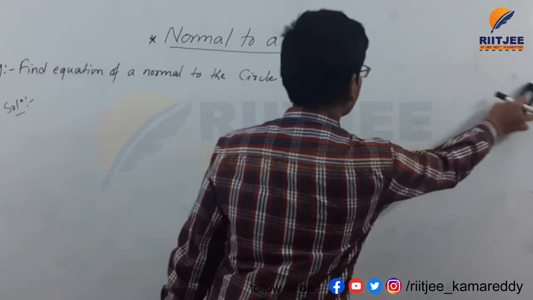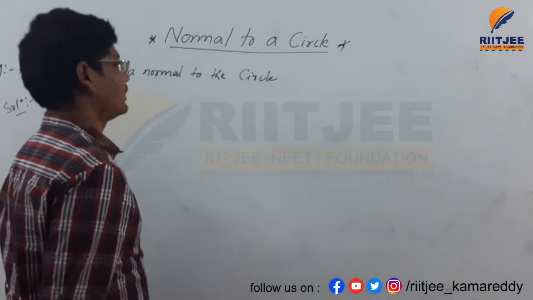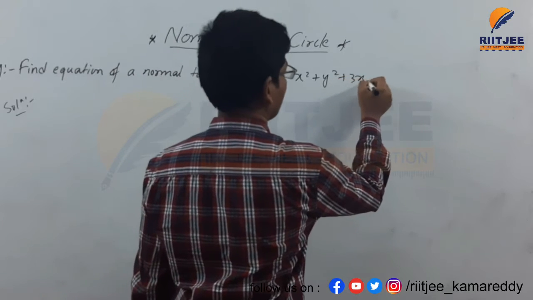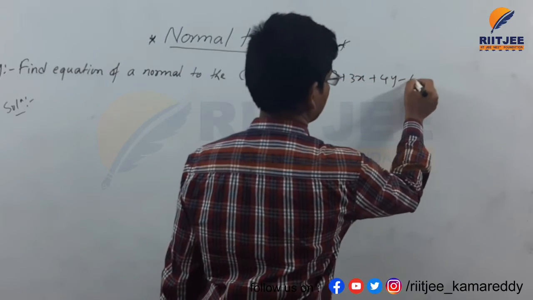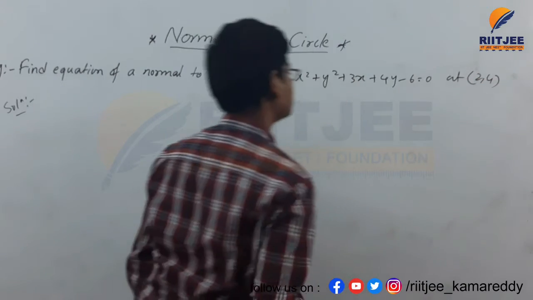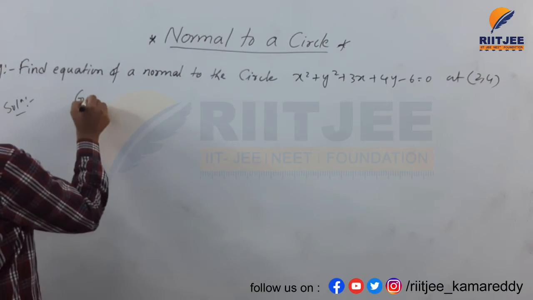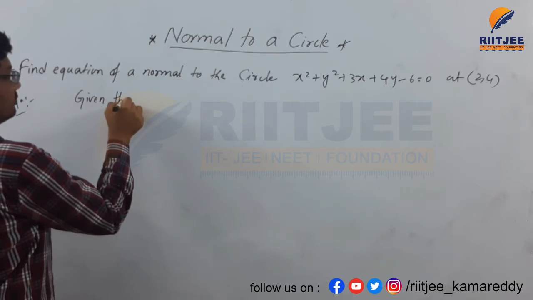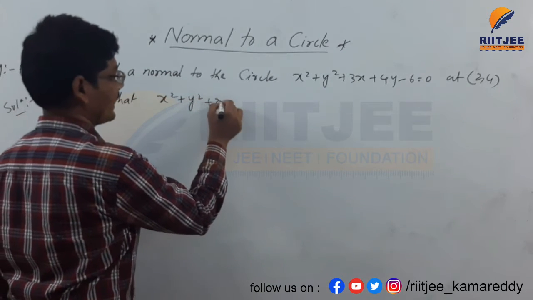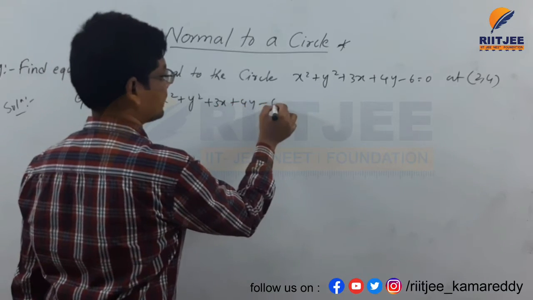And let us see one more example for the circle x square plus y square plus 3x plus 4y minus 6 is equal to 0 at 2, 4. Given that x square plus y square plus 3x plus 4y minus 6 is equal to 0.